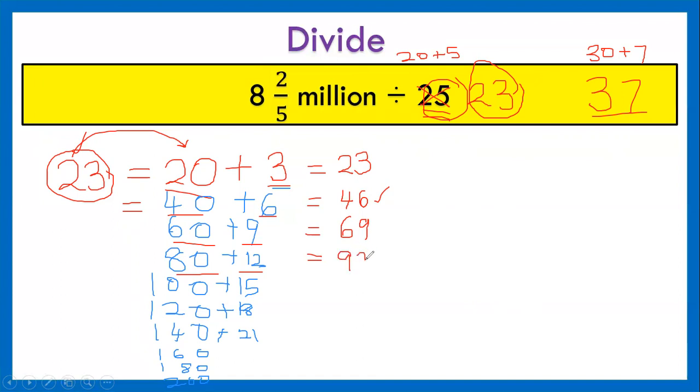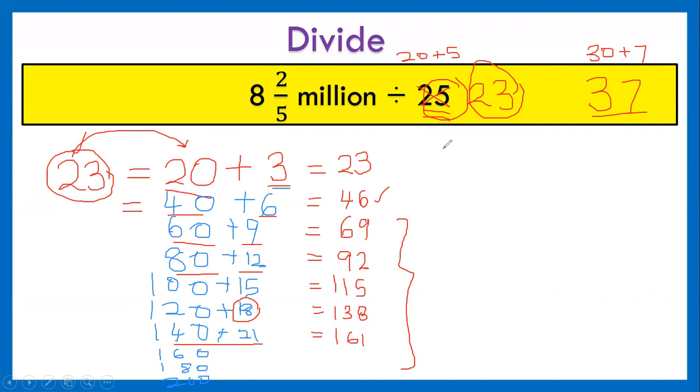And over there, 2, 92. The next multiple would be 100 plus 15, 115. The next multiple would be 120 plus 18. So it's 138. You need to do some mental maths here. 140 plus 21. So it's 161. And so on. You can complete times table 23.